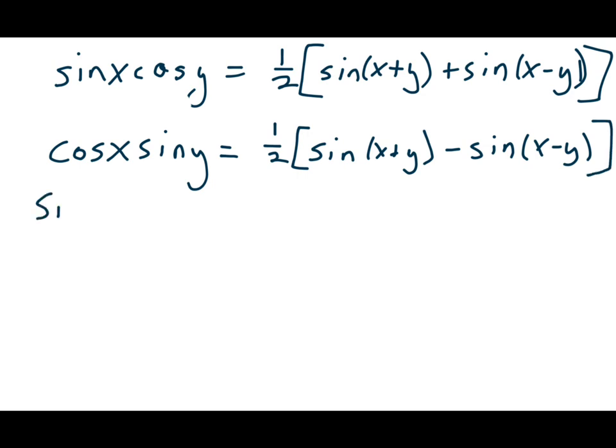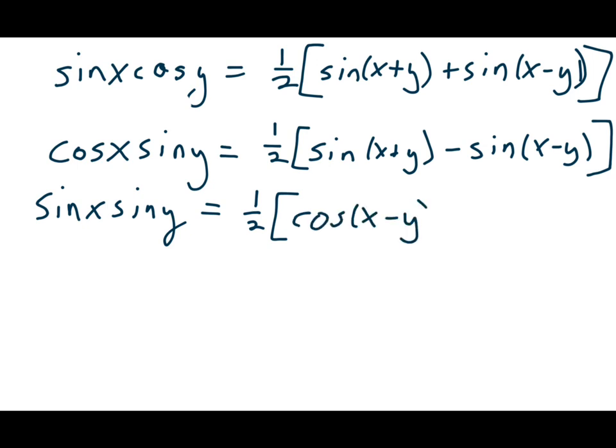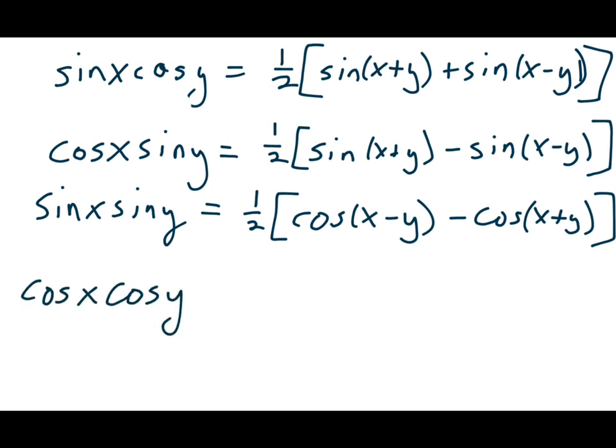If we do sine of x sine of y, that's going to be 1/2 of cosine of x minus y minus cosine of x plus y. And then the last one is cosine of x cosine of y.